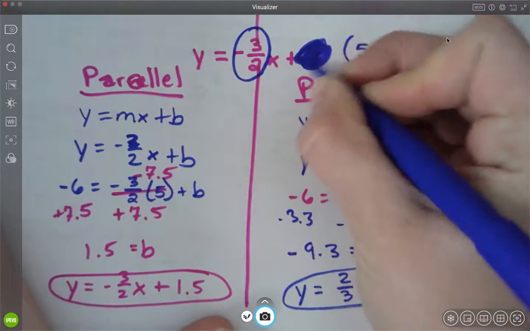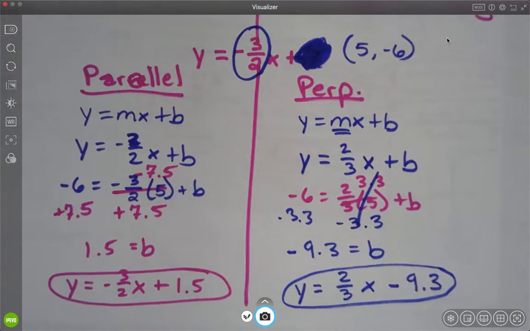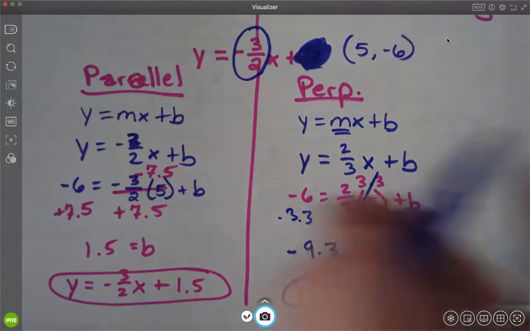You never use him because he's going to have a different intercept when you're dealing with parallel lines. They don't have the same intercept. You don't even use him to find the other one. So cross him out. What do we use out of the original equation? We use the slope. That's the only thing we use. So cross out the other number. We don't care about him.